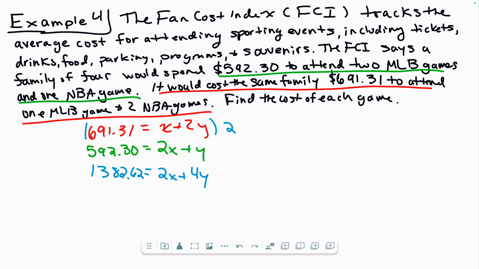Then I will eliminate by subtraction these two equations. 2x minus 2x is 0. Y minus 4y is negative 3y. 592.3 minus 1,382.62 is negative 790.32, divided by negative 3.